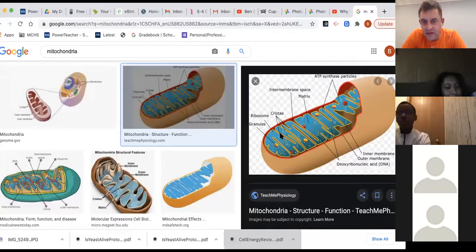So the cristae are these folds right here, okay? So basically when we're talking about the electron transport chain, where is that happening? It's happening at this membrane here, right? So the ions are pumped out and then they flow back down, back inside. So it's like they're pushed out and then they come back in, pushed out, come back in. And that's where that happens, at that membrane.